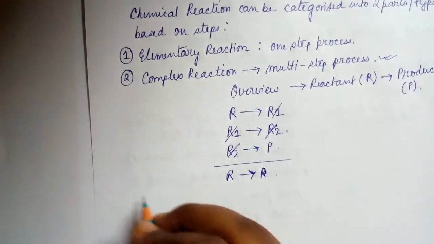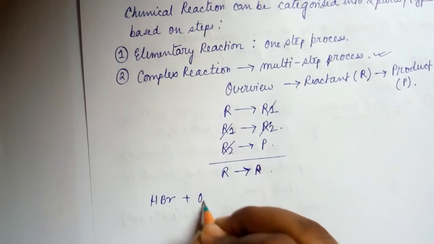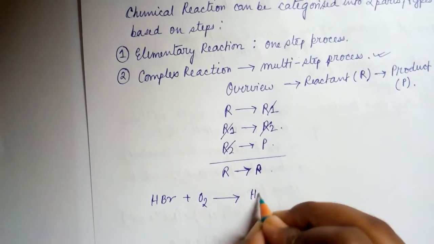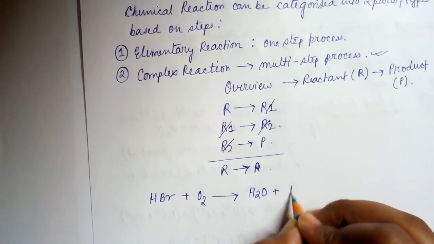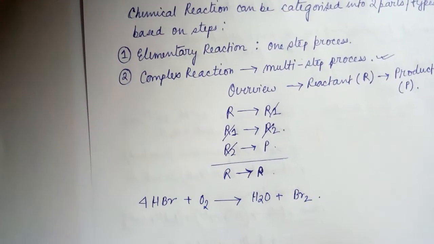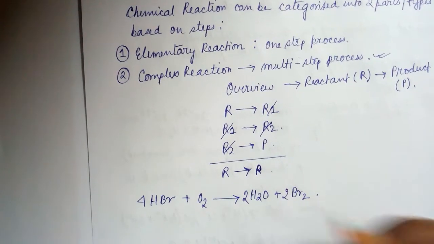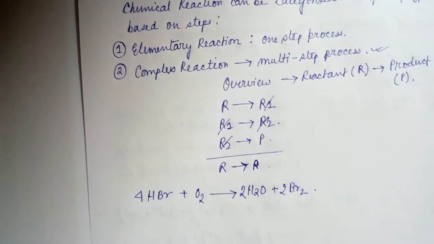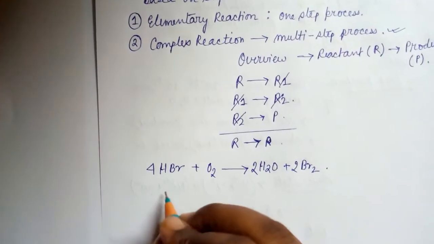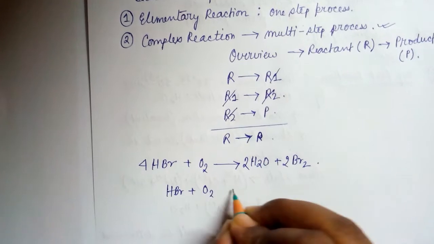A practical example of these reactions is when HBr plus O2 turns into H2O plus Br2. Now doing the balancing. This reaction is a multi-step, complex reaction, and it proceeds in a manner like first HBr plus O2.